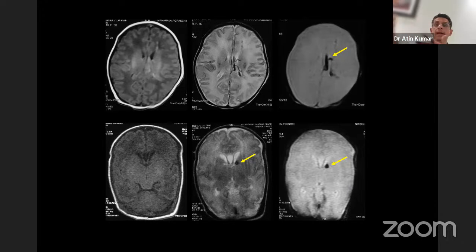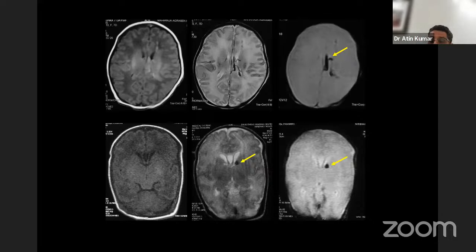So if you're suspecting a HI, ultrasound is the first modality which radiologists do. We can pick up bleeds, but ultrasound can pick up bleeds only in the early form. Once the bleed subsides, you cannot pick up the bleed on ultrasound. But if you've not done ultrasound at that point of time, or if you're not sure, but the MRI has been done, let's say 7 days, 10 days, 20 days, 1 month down the line, you can still pick up that there was a bleed in this child in the caudothalamic groove, maybe antenatally, maybe at the time of birth.